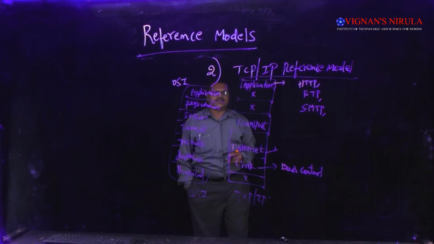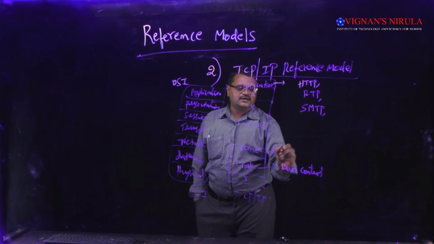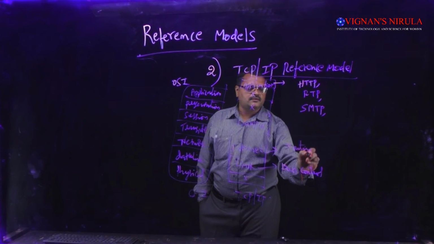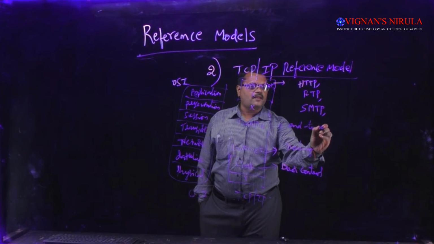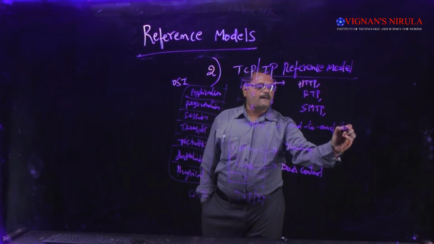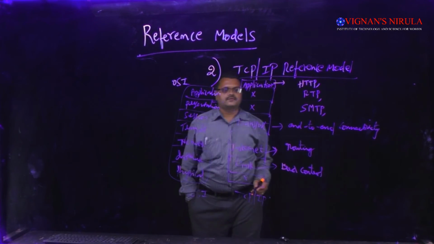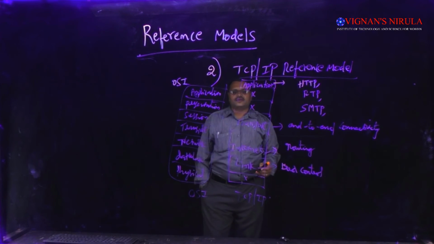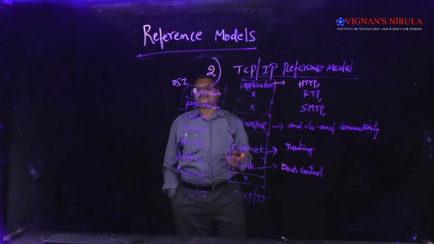The internet layer is used for routing, and the transport layer is for end-to-end connectivity. So totally we have 4 layers in TCP/IP, whereas 7 layers in OSI.